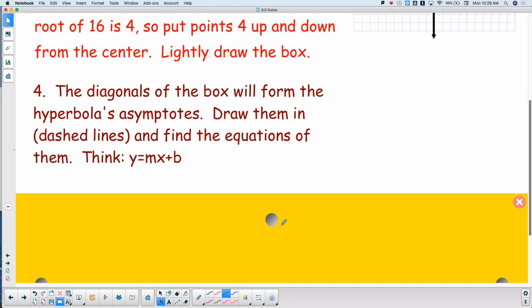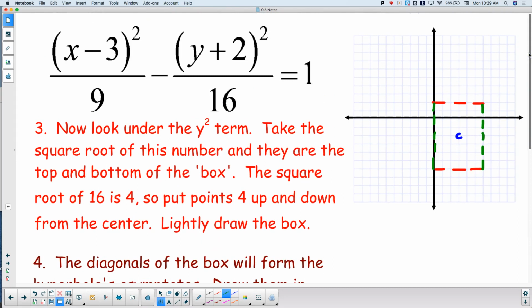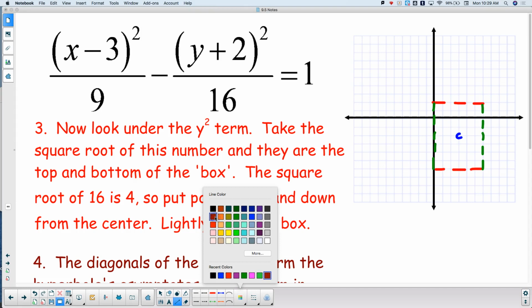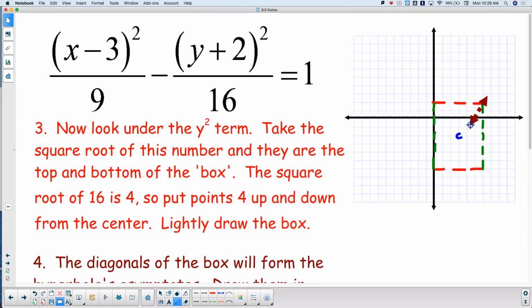If you take a straight edge now, a book, ID, side of a phone, side of a folder, something straight, and you go corner to corner on the box that you just created, you will have the asymptotes of your hyperbola.